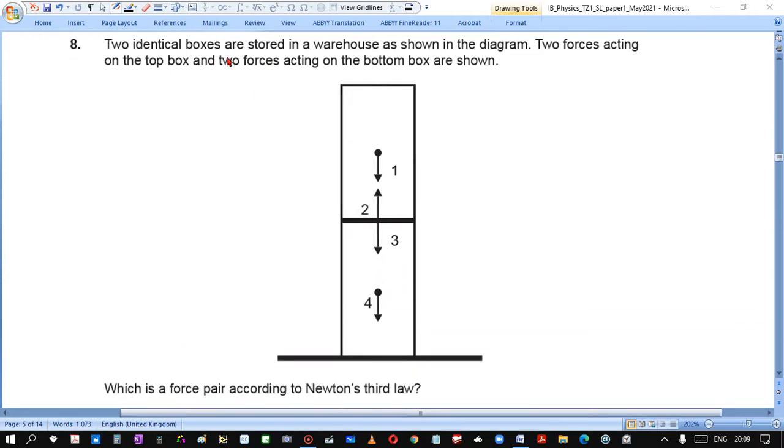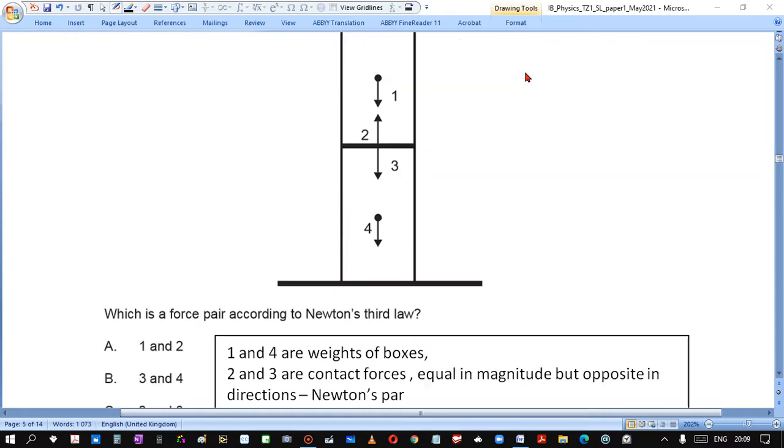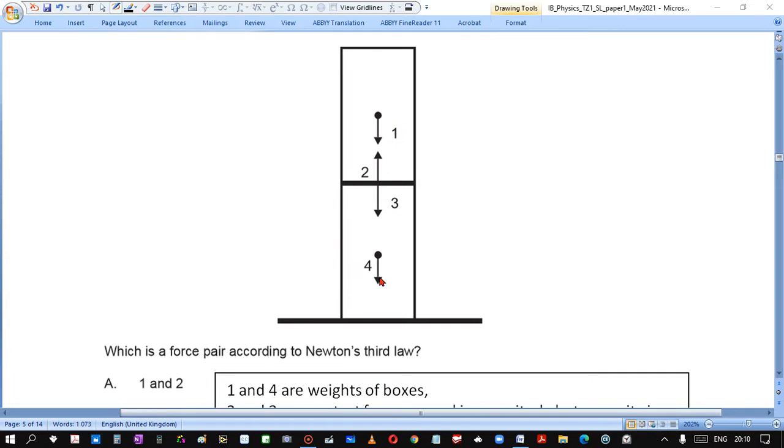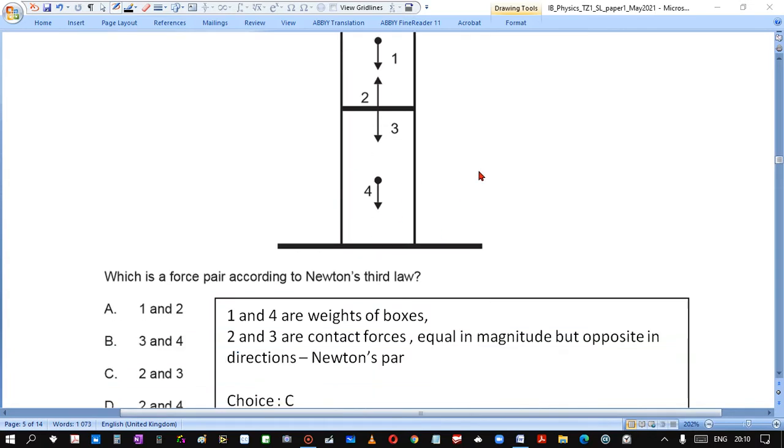Two identical boxes are stored in a warehouse as shown in the diagram. Two forces act on the top box and two forces act on the bottom box. So 1 and 2 act on the top box, 3 and 4 act on the bottom box.